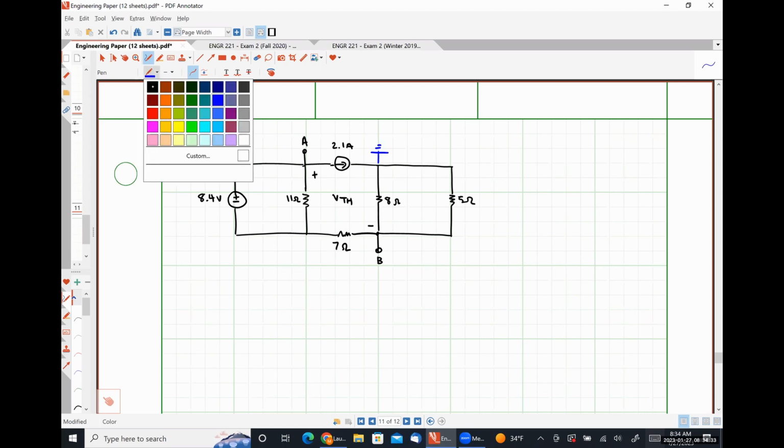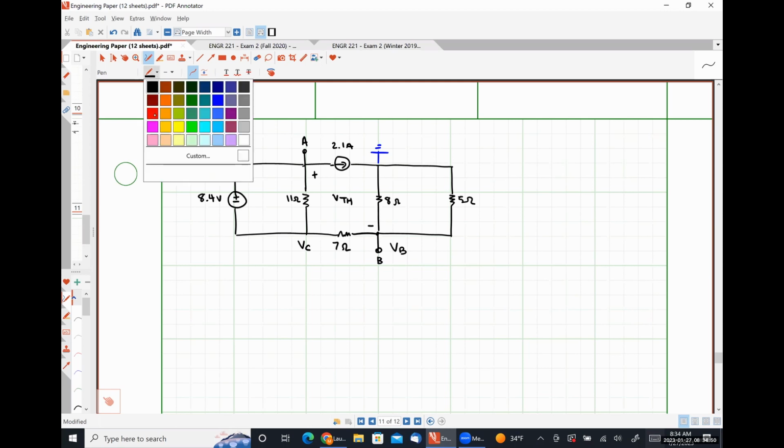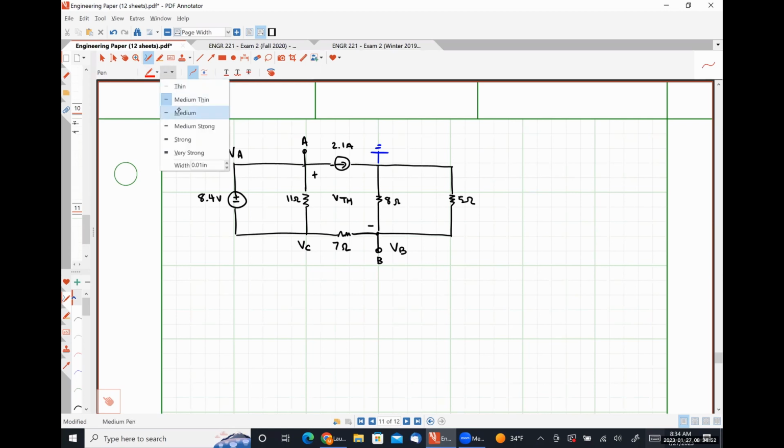So let's call this node A. Let's call this node B. And then make this one down here C, and I believe that's all of my nodes. Just to be on the safe side, I'm going to go through the trouble of identifying them.